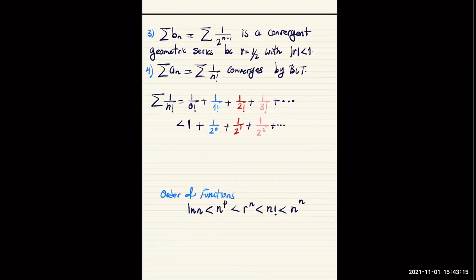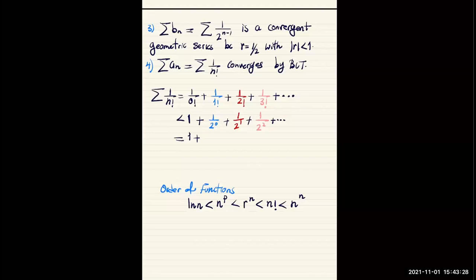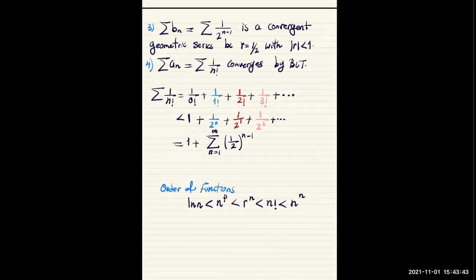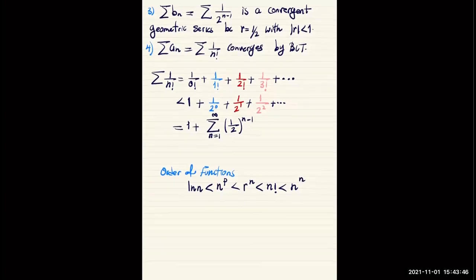So here we get 1 plus that series that we have in colors. This series here again is a geometric series, so I'm going to write that in summation form as the sum n going from 1 to infinity of 1/2 to the power of n minus 1. So we're talking about this series.